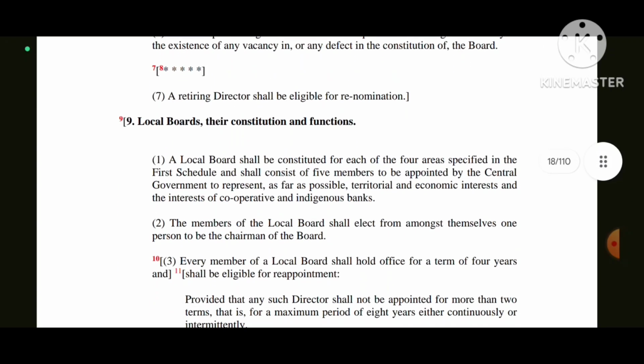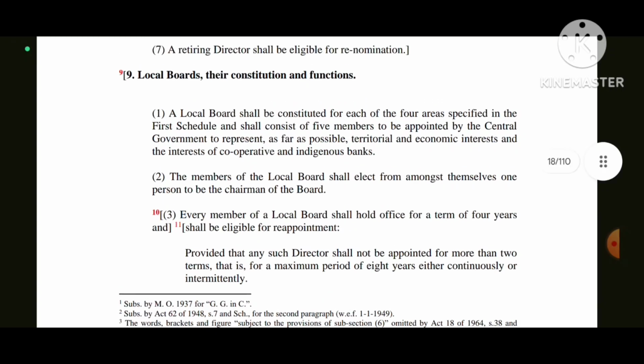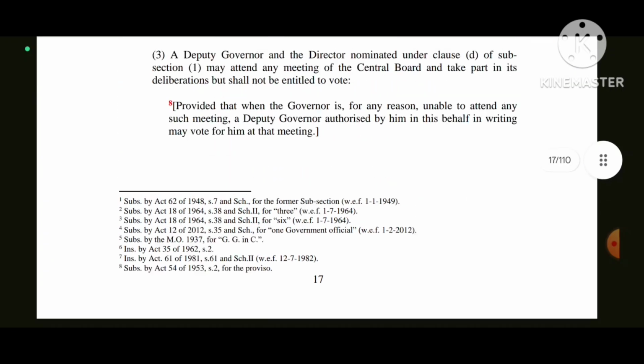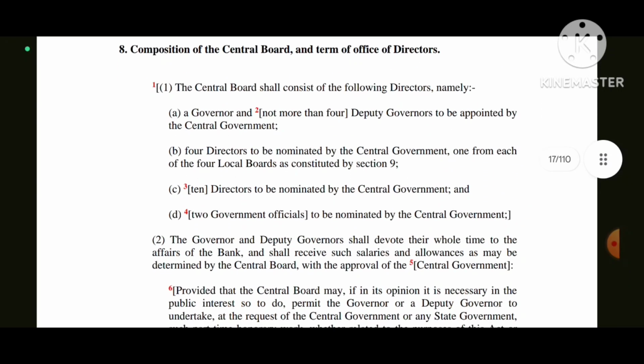Next section is section 9, local board, their constitution and function. Local boards we have seen in section 8 subsection 1, 4 directors to be nominated by central government, one from each of the 4 local boards.